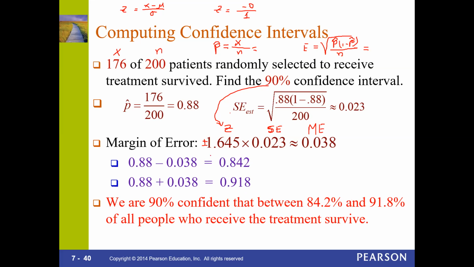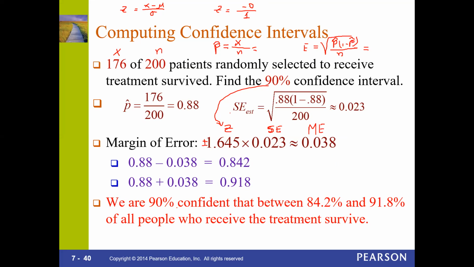Then when I get my confidence interval, I got my values right here as 0.8842 and 0.9918. So I'm going to say now, because I use 1.96 and 95%, 90%, I will say I am 90% confident that between 84.2% and 91.8% of all people who receive the treatment survive.